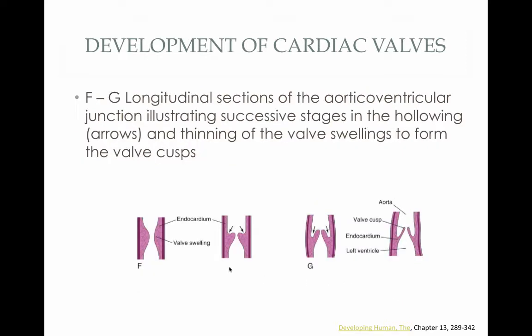Here are those longitudinal sections, again, of valvular swelling. These valvular swellings then start to hollow out in stages, and as they hollow out, you can see that the walls become thin. These valve swellings become thinner and form these valve cusps.